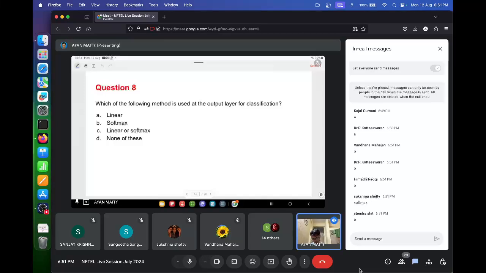Yes, so the correct answer is option B, softmax. For classification, in the output layer we use softmax or sigmoid activation functions based on whether we have only two classes or more than two classes. If you only have two classes, then sigmoid. If you have more than two classes, we use softmax.